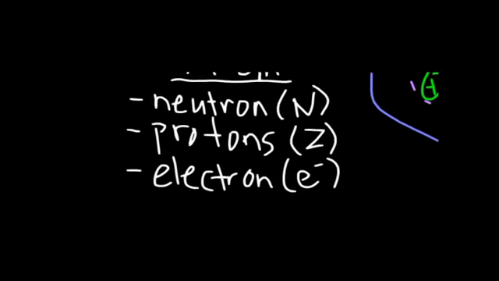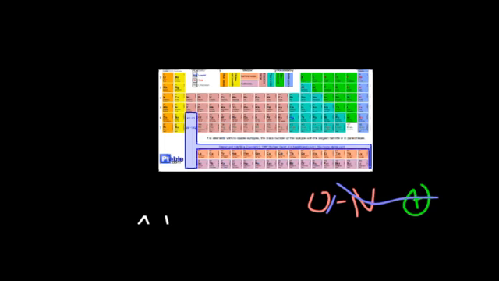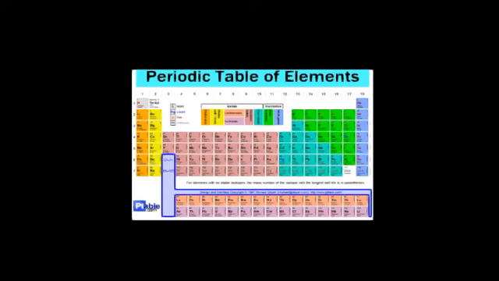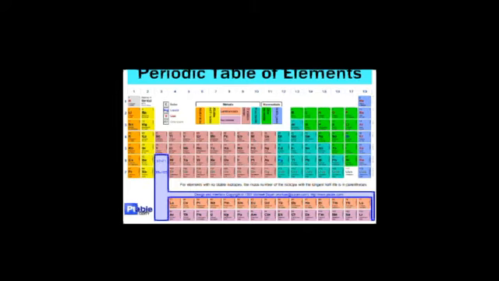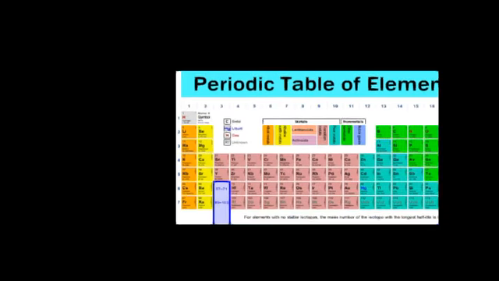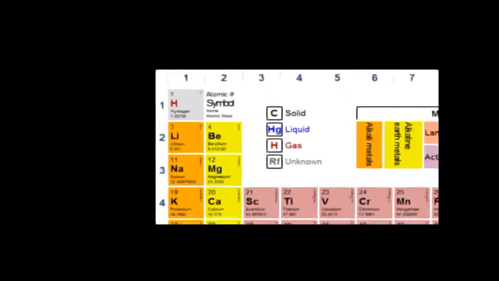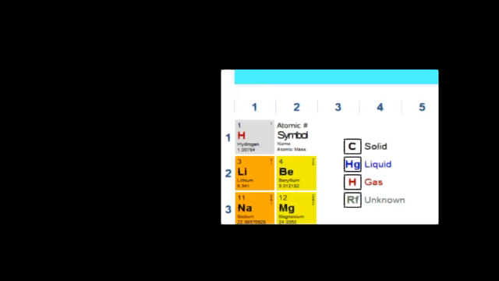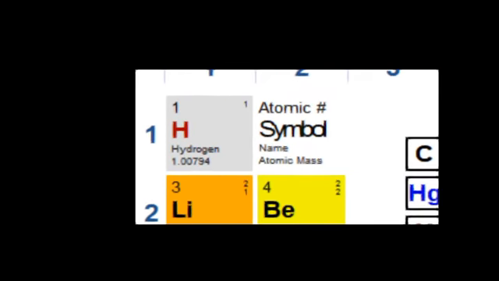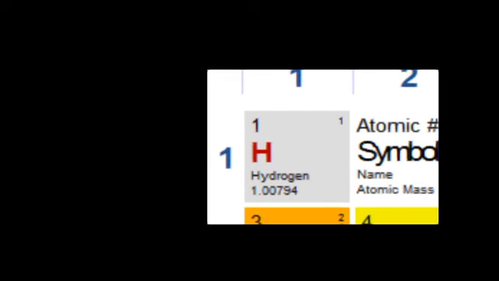All right. So let's look at our periodic table, and you see all the elements currently known to humanity. So let's look at hydrogen. What is this first number?